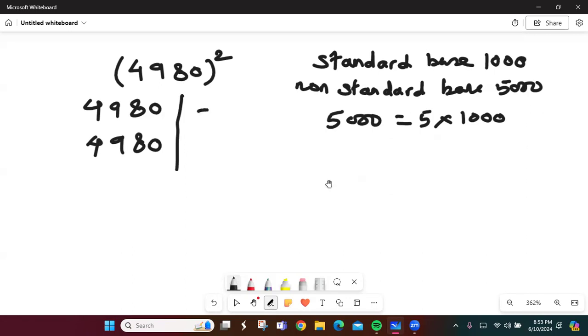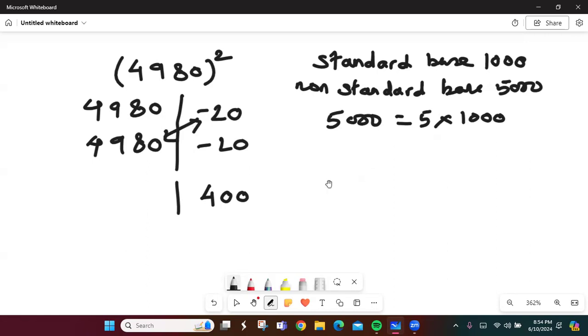So I'll write negative 20 here in the second column and take the product. So 20 multiplied by 20 is 400. That I will write in the right side partition.